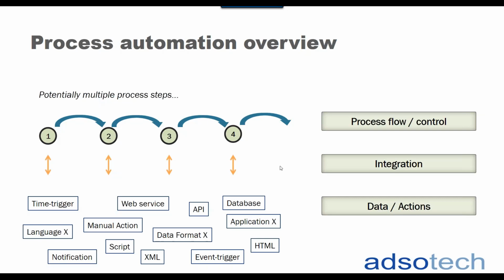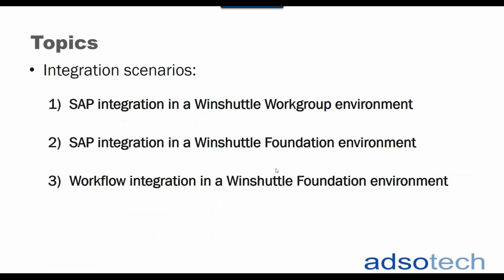I'm going to talk about 3 different scenarios. The first one is SAP integration in a Winshuttle workgroup environment. This means basically that you have the base Winshuttle product, maybe Transaction or Query, so you have the Studio or the desktop product in use.